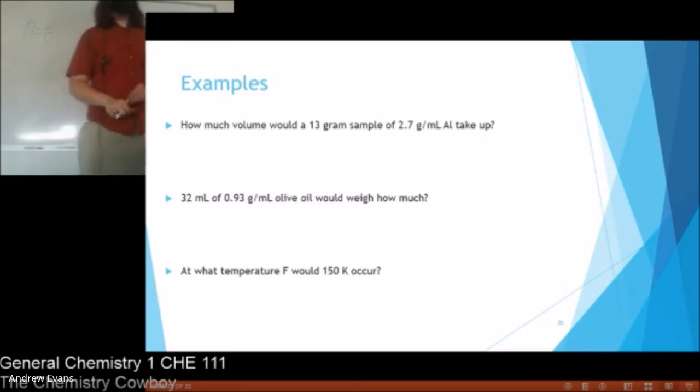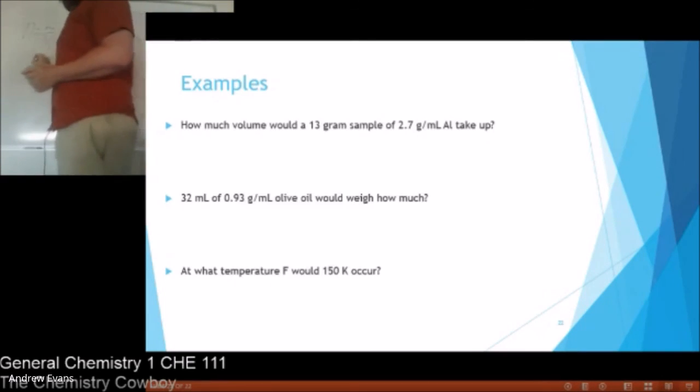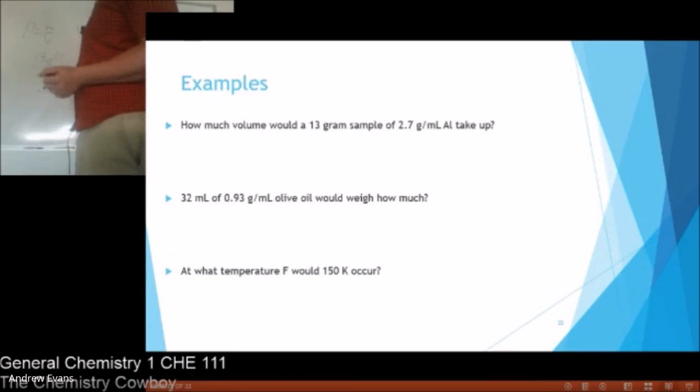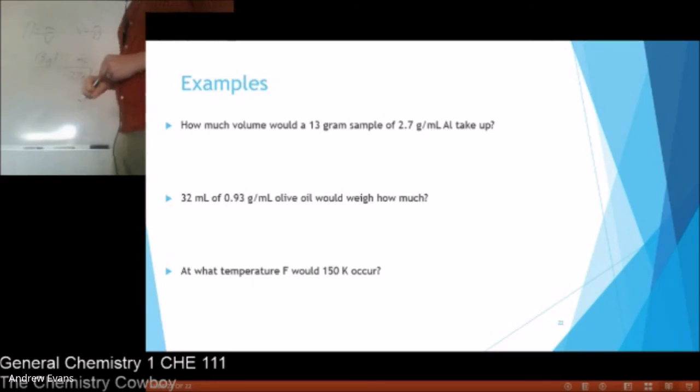Now, there is a way, you can memorize these equations. But if you're using dimensional analysis, it does become readily clear. I have a 13 gram sample of aluminum. The density of aluminum is 2.7 grams per mL. Now, there are several different ways I could do this.